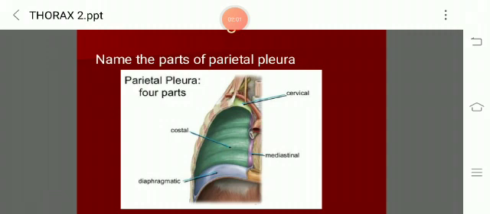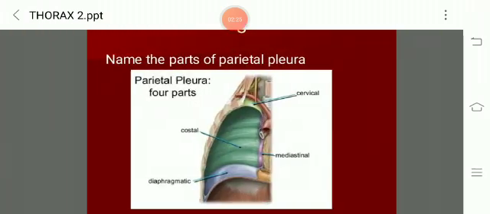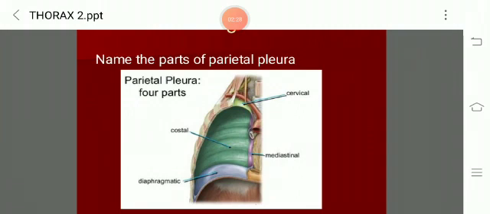So this costal pleura becomes continuous with the mediastinal pleura anteriorly and posteriorly by a line. That line anteriorly, where the costal pleura becomes continuous with the mediastinal pleura, is what is termed as a costo-mediastinal line of reflection. And that line where the costal pleura becomes continuous with the mediastinal pleura posteriorly, that is what is termed as a costo-vertebral line of reflection.